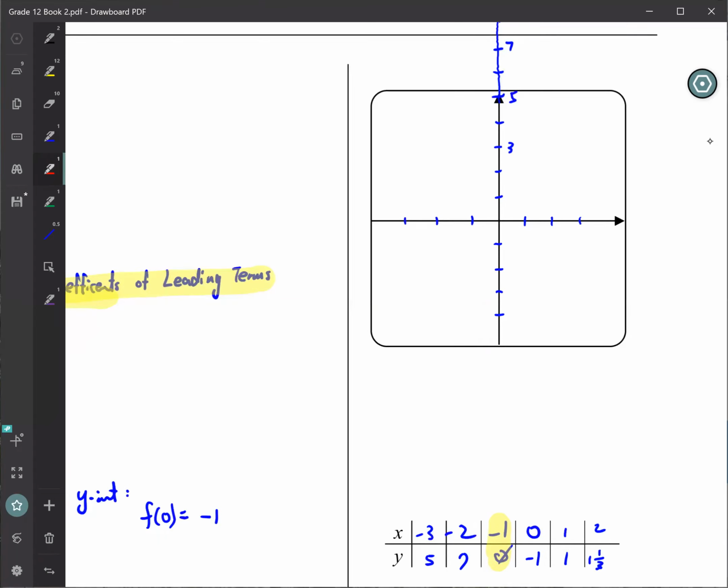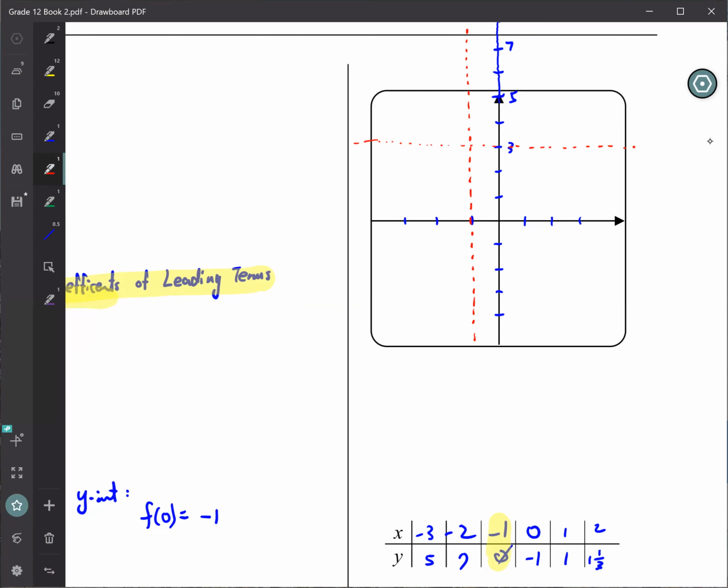So I'll draw the asymptote first. x equal to -1, y equal to 3. So this time it is higher, right? Please raise your hand if you finish the graph.